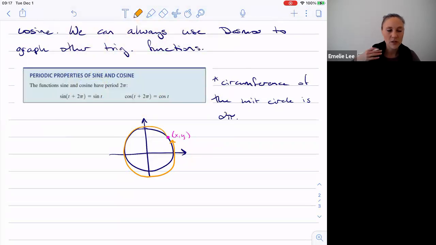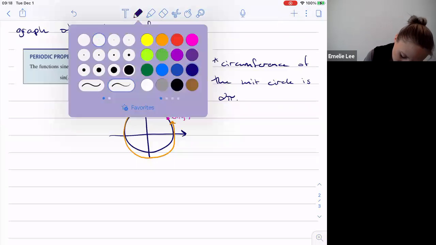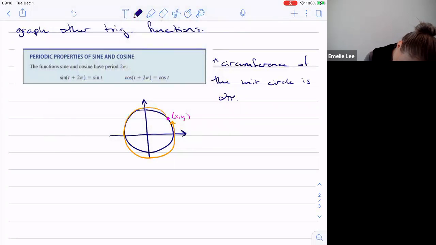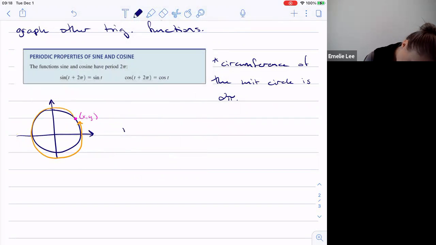And so that's what makes these periodic functions, and the period is how long it takes to get back to where you started.